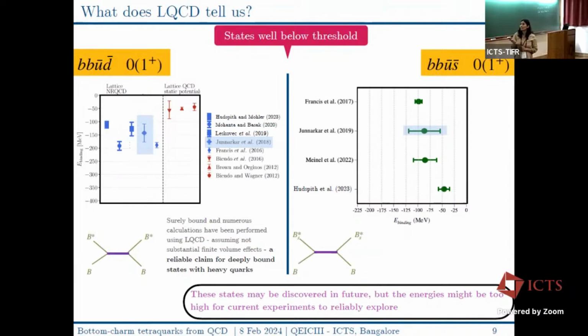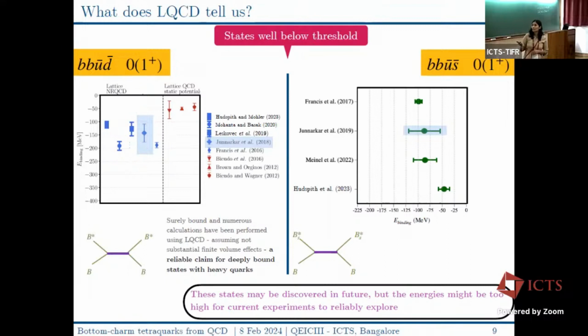And in fact, since these states have doubly heavy bottom quarks, they're expected to be really well below threshold and deeply bound. So because of that, when states are really deeply bound, we expect the finite volume effects or the multi-hadron effects to be very minimal.